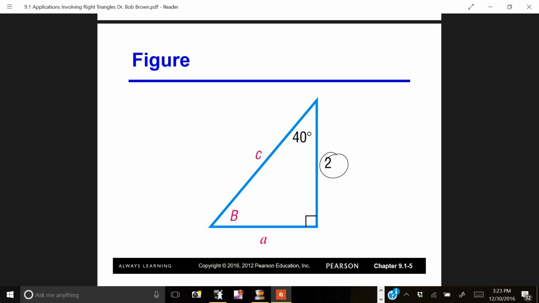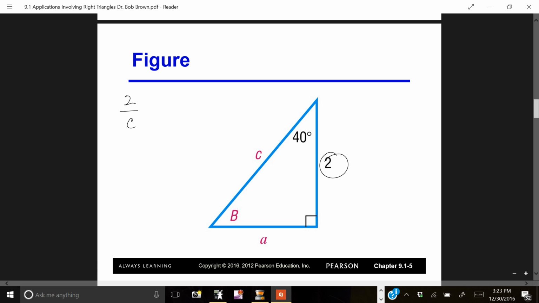We quickly realize that 2 over c is going to be equal to sine of B. And notice that B will be 50 degrees. Subtract 40 from 90. So 2 over c is equal to sine of 50 degrees.